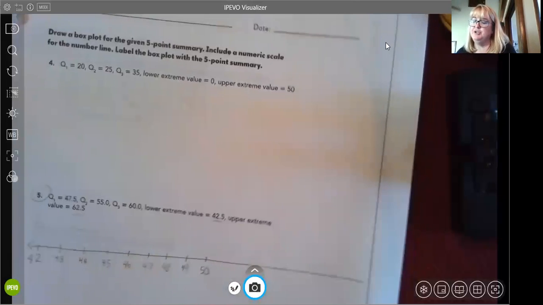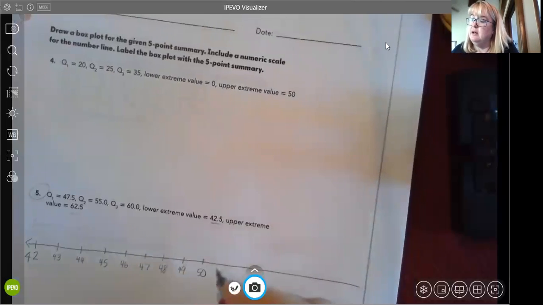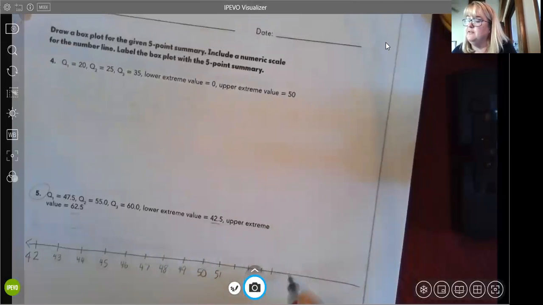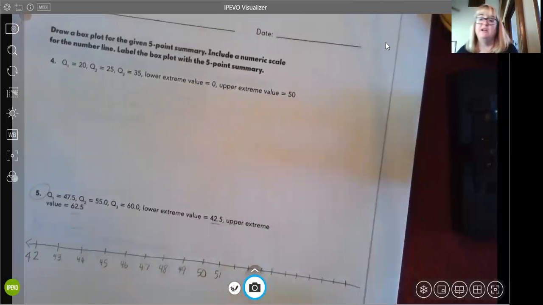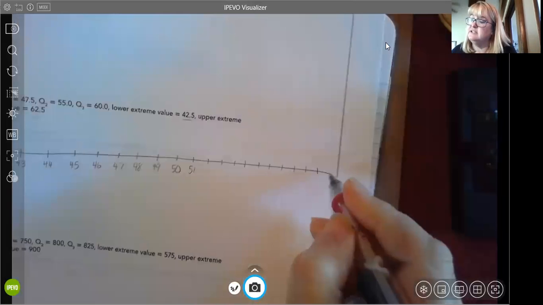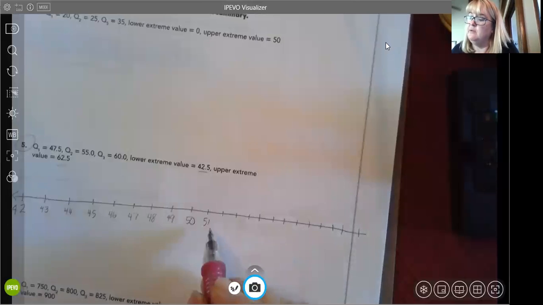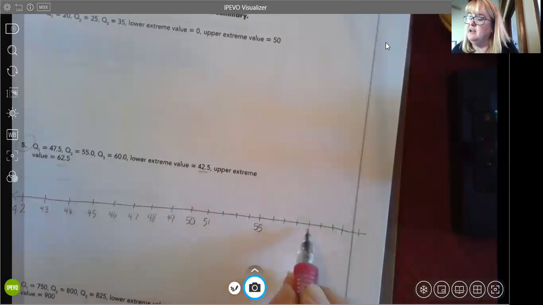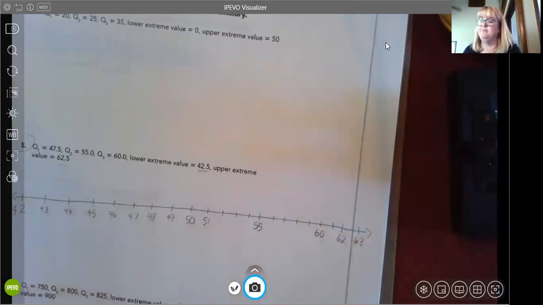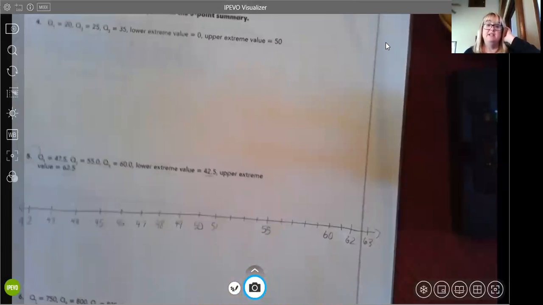I need to get to 62. 51, 52, 53, 54, 55, it's a little bit off, 56, 57, 58, 59, 60, 61, oh boy, 62. This probably was not the best choice, but that's okay. I didn't label them all, but you get the idea.